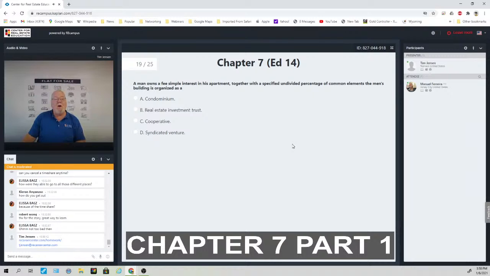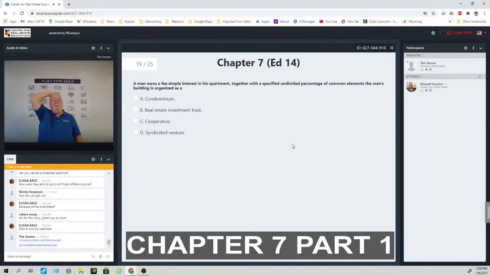A man owns a fee simple interest in an apartment together with a specified undivided percentage of common elements, period. The man's building is organized as a, that's better. Should be a period after elements. Boy, we got to correct that.